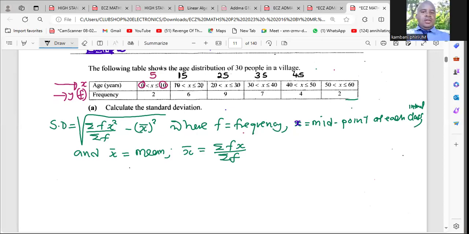What would be the last value now? 110 divided by 2, 55. Is this clear on how to get it?